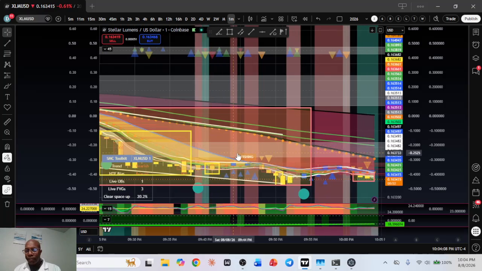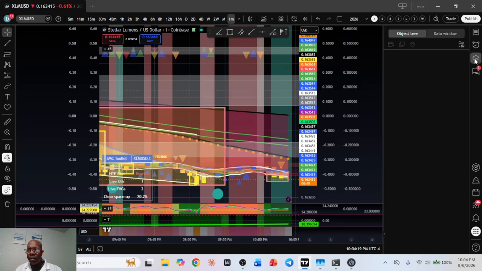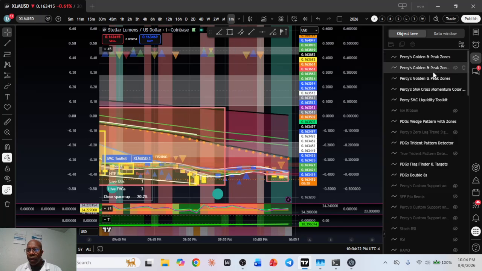All right, I'm about to show you the scanner in the background. And we do have a number of indicators open here. That's the golden zones and the peak zones, right?